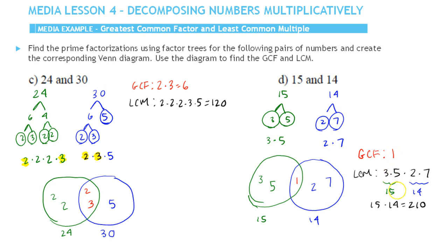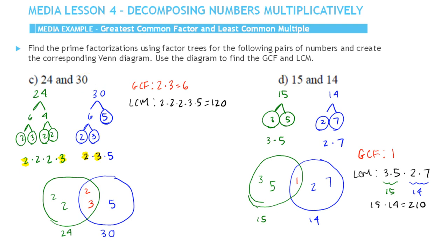So this is a nice fact, because if you have 2 numbers who don't share any common factors, their greatest common factor will be 1. So I shouldn't say they don't have any common prime factors. Their greatest common factor is 1, and their least common multiple is just the product of the numbers. So remember, you can always multiply 2 numbers and get a multiple.